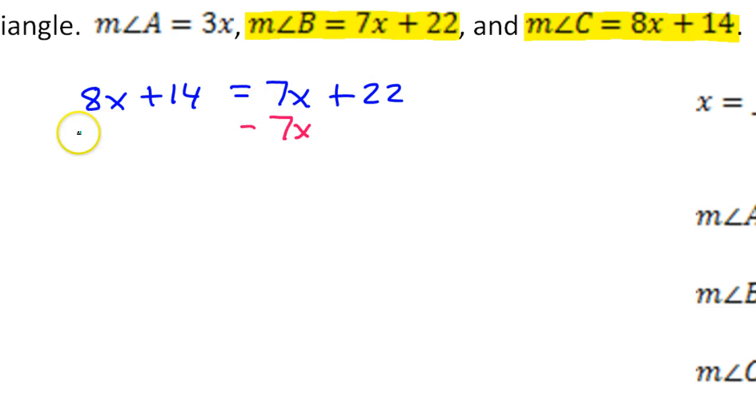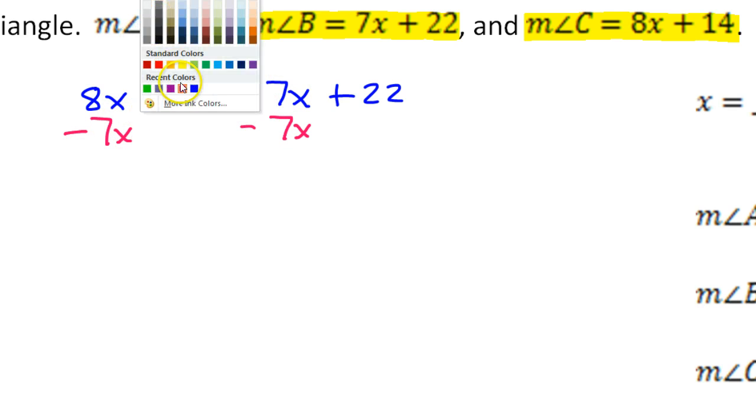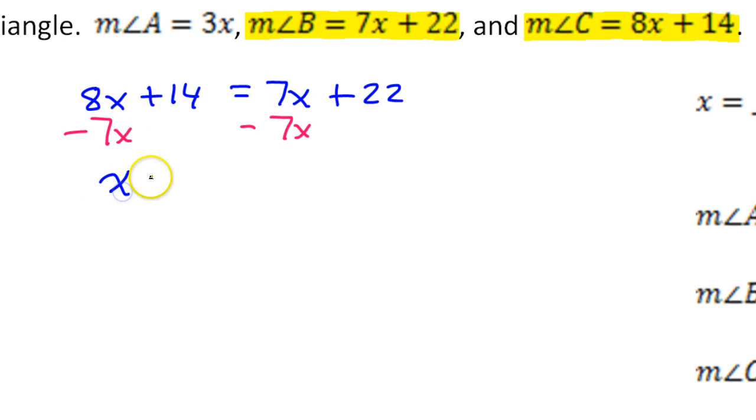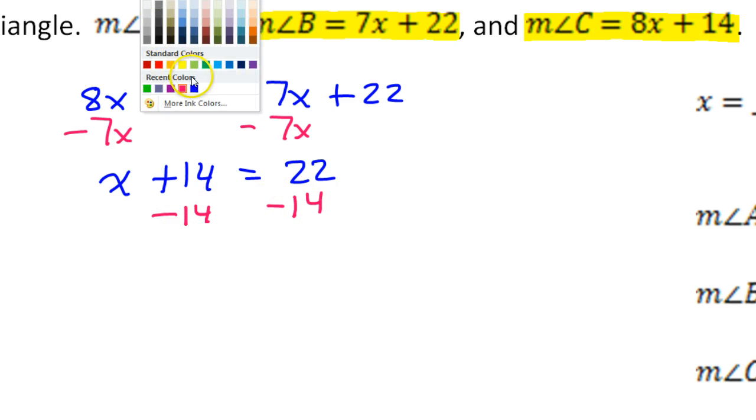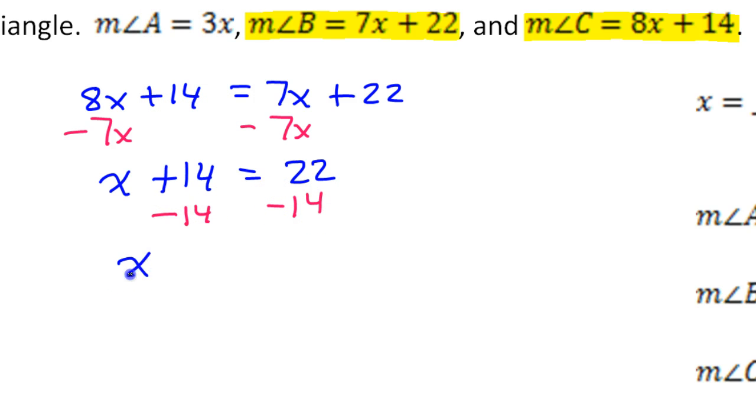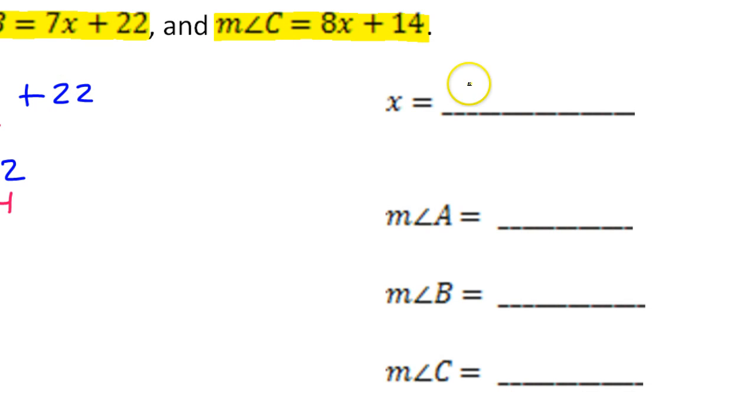Alright, I have x's on both sides, so let's subtract to get those together. That's going to make x plus 14 is equal to 22. Subtracting 14 from both sides. Okay, that's going to give me x equals 8. So I've got x equals 8. Might as well write that down.